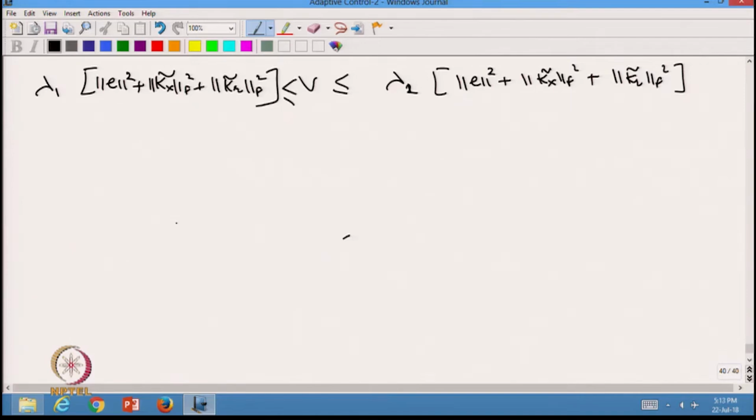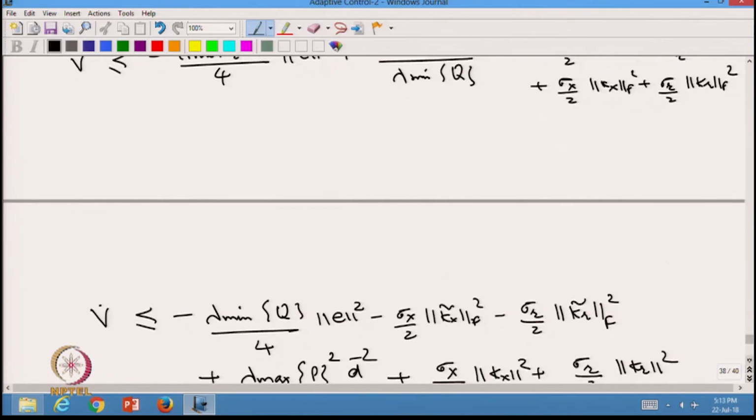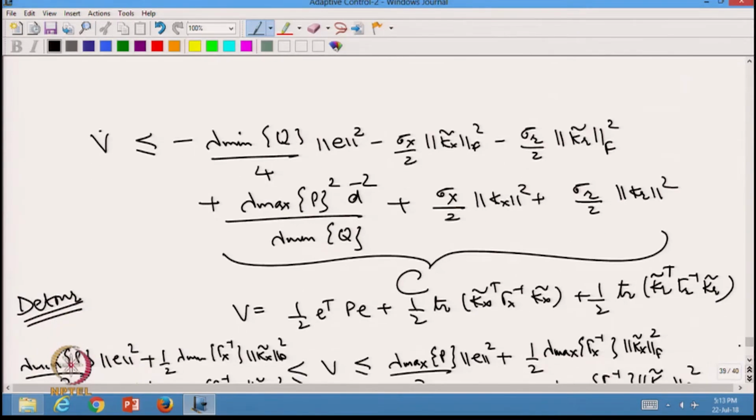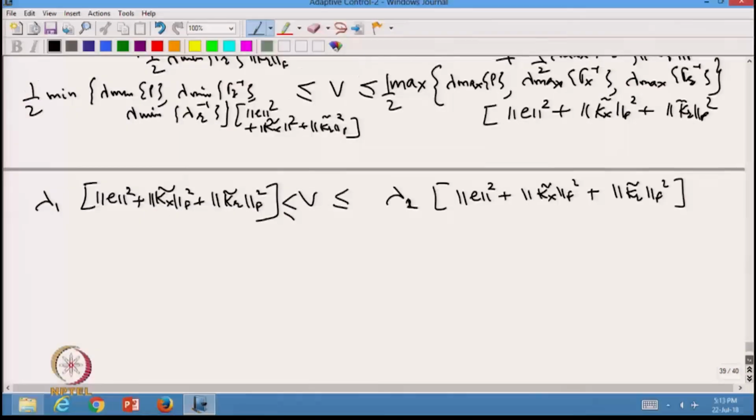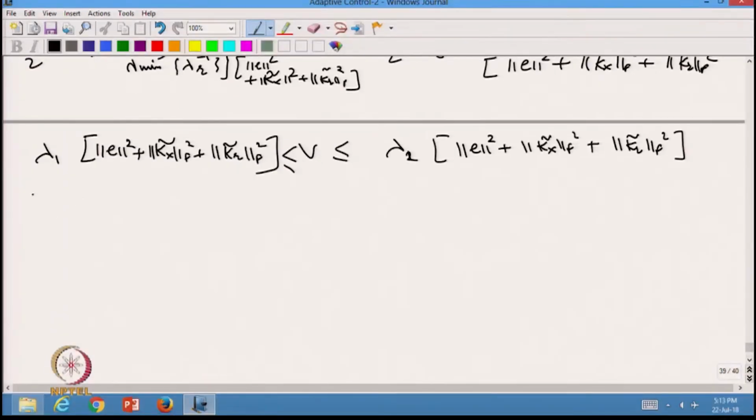All right. So now can we use that in our expression for V dot? We can again rewrite our V dot by collecting these negative terms together. If you look at V dot, we can collect these three terms together, and we can further upper bound V dot. So coming back to V dot, the detour ends here.